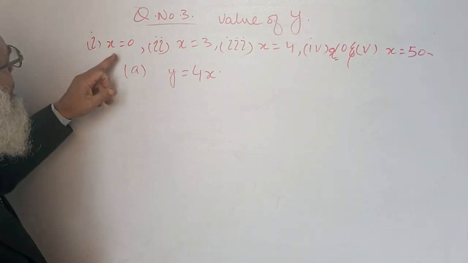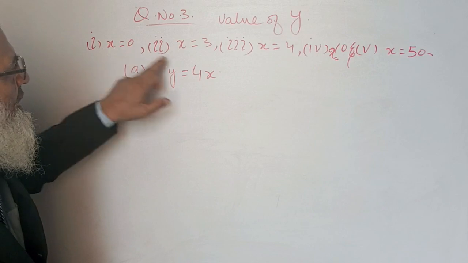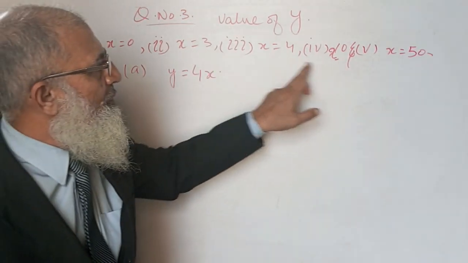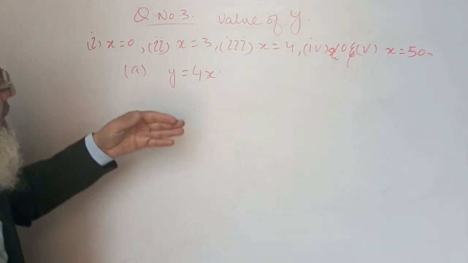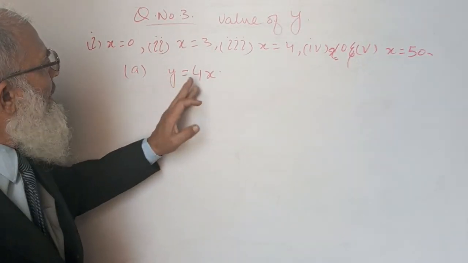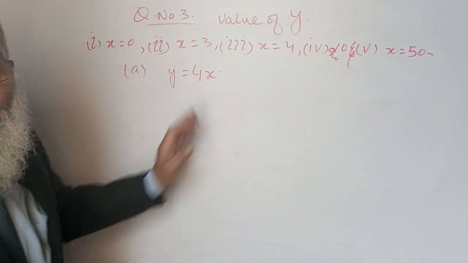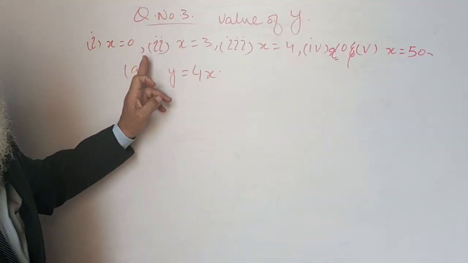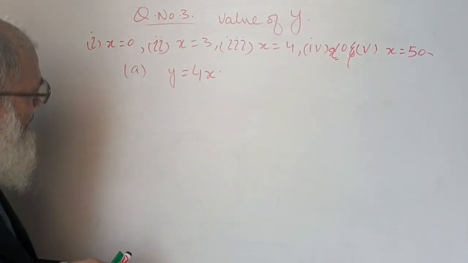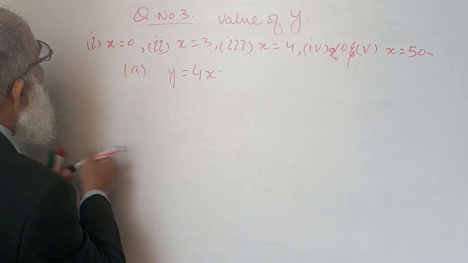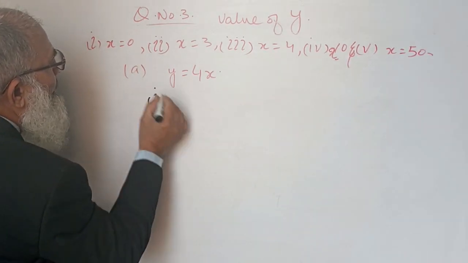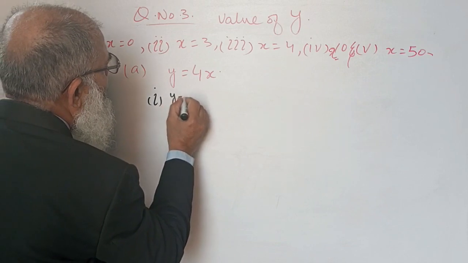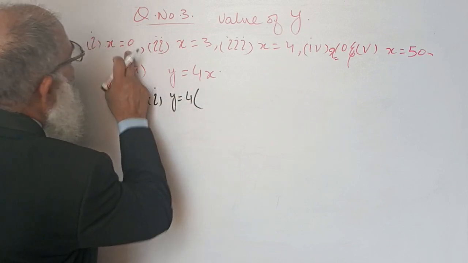Now we have to manipulate each and every value one after another, and we have to find the value of the corresponding y for each given value of x. Now for part number 1, y is equal to 4 multiplied by 0.